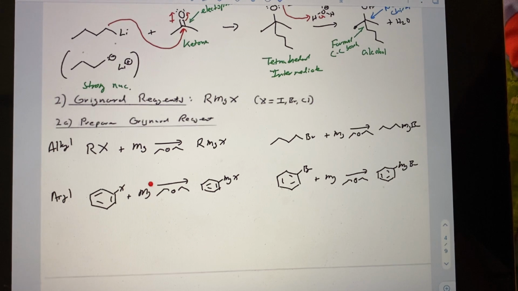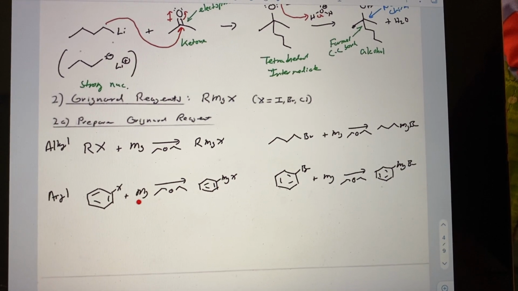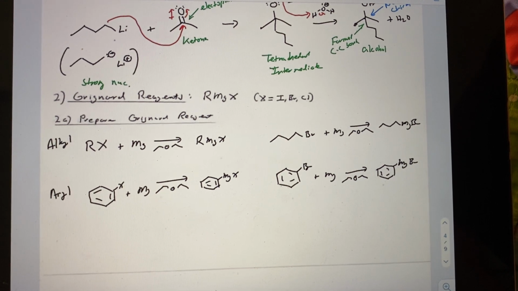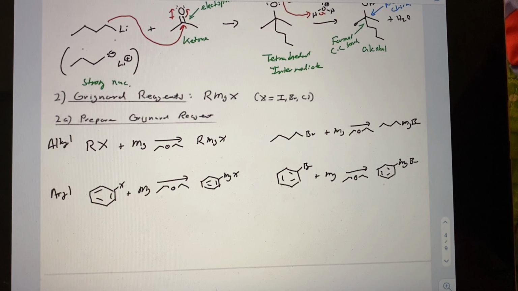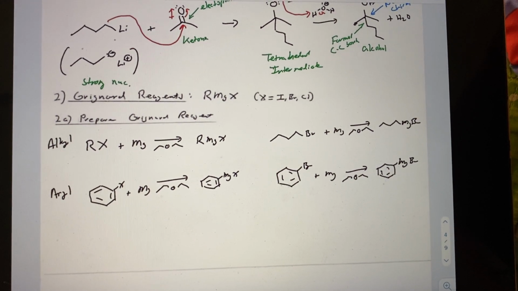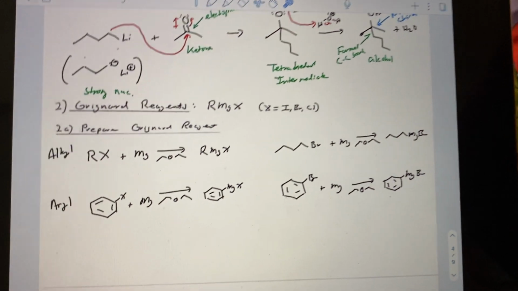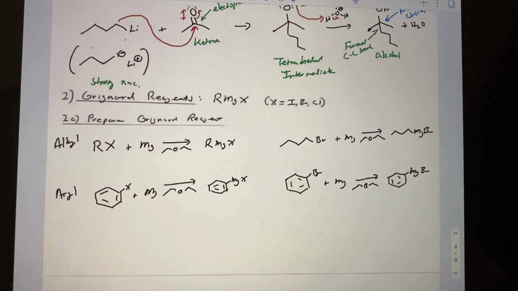You take magnesium metal, a ribbon, you scrape off all the oxidized surface, and then you mix it in with ether and your alkyl halide. It's very sensitive to water. Eventually you'll start to see the metal dissolve, and it goes into this kind of milky white solution to form the Grignard reagent. So it's pretty exciting, at least I think so.